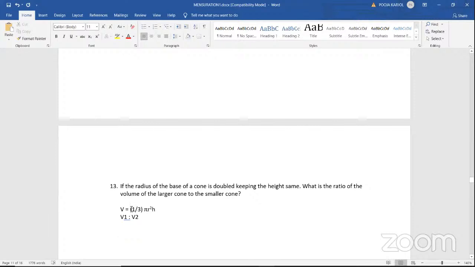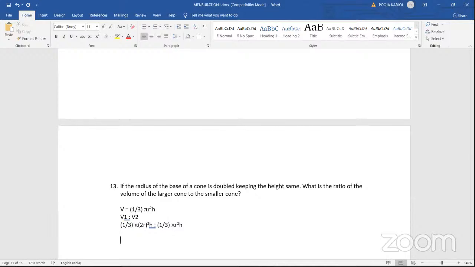So the formula will be the same as this one. 1 by 3 pi r square h. The 1 by 3 pi h cancels because they mentioned the h remains the same.